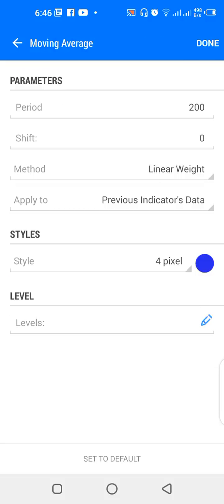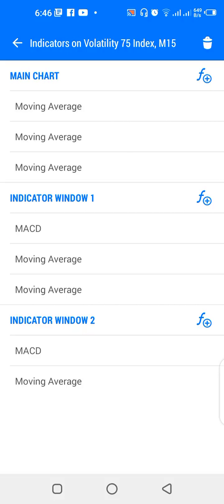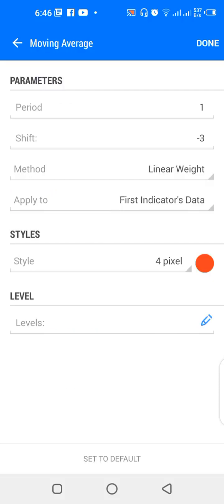The period is 200, shift is 0, method is linear weight, apply to previous indicators data. Now the color of the style will be blue. The other one is the period is 1, shift is -3, method is linear weight, apply to first indicators data, and the color is red.